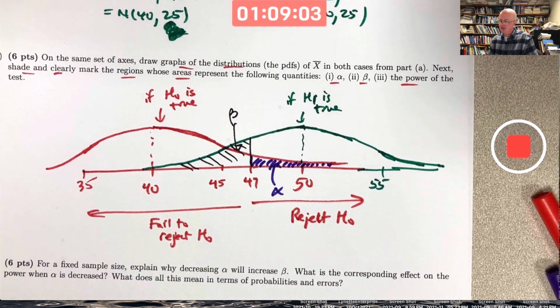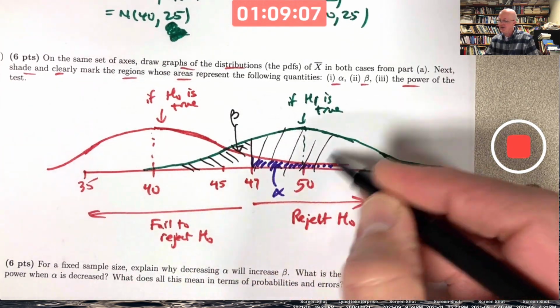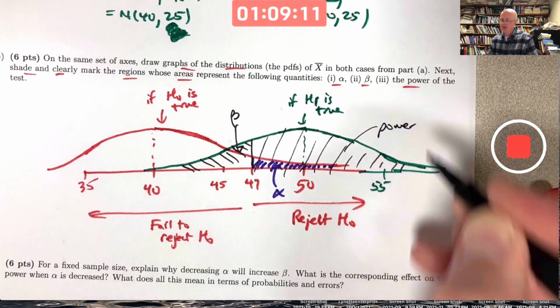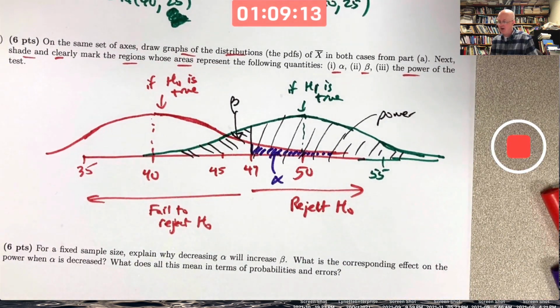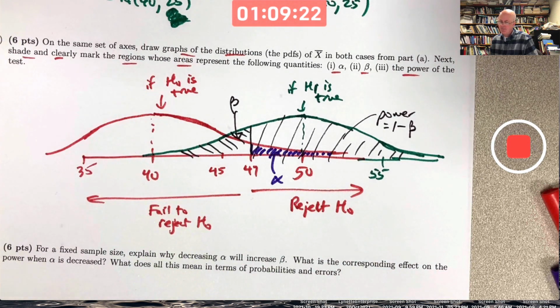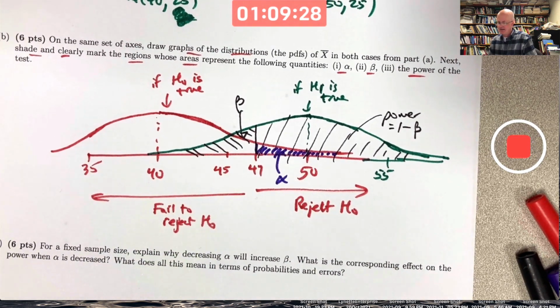The power is 1 minus beta. It's the area under the green graph to the right of 47. That is the power, and that's fairly large. So in this setup, it looks like alpha's smaller than beta, smaller than the power. And the power is 1 minus beta. Not taking the time to go ahead and compute those numbers, just thinking about it conceptually.